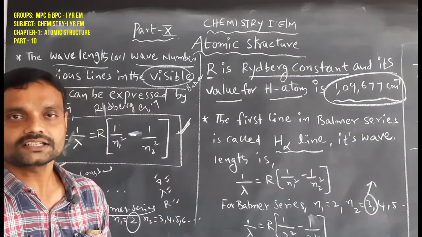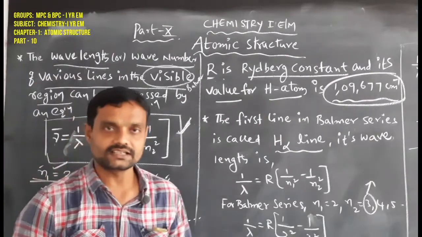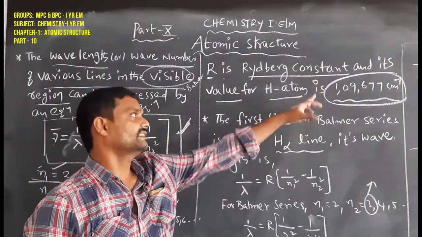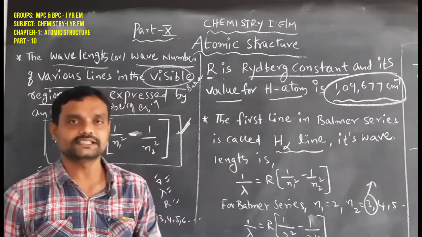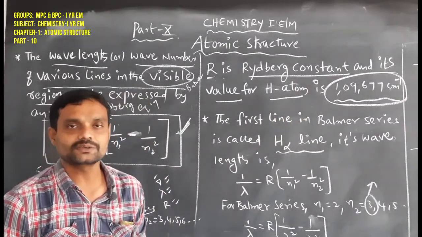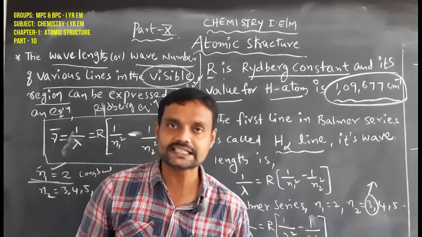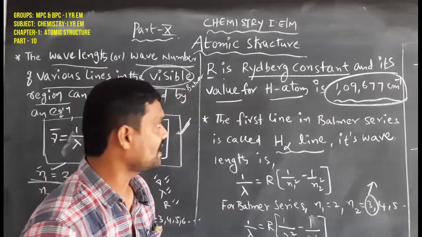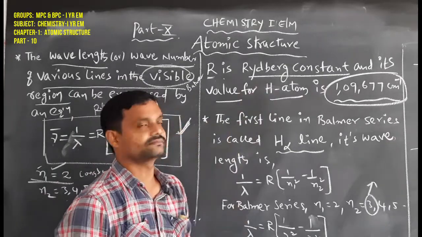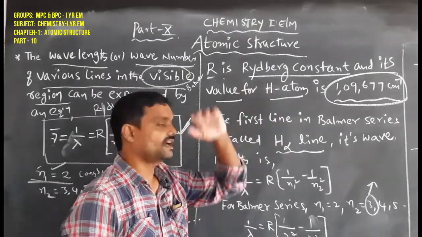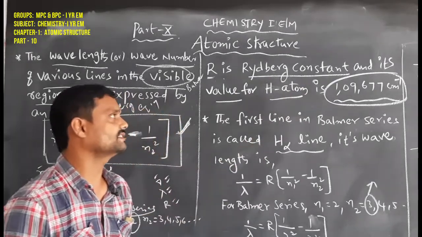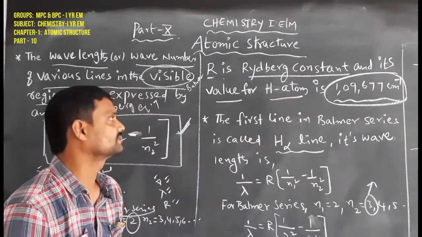For the hydrogen atom, its value is constant, that is 109,677 centimeter inverse. So this is the Rydberg constant value for the hydrogen atom.